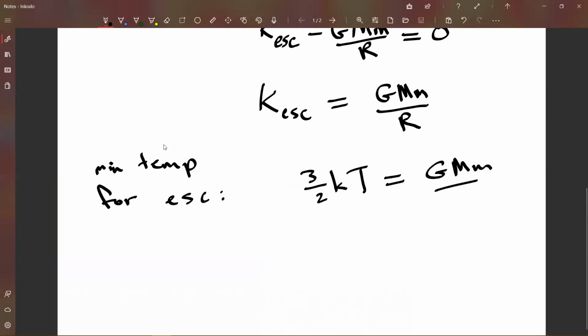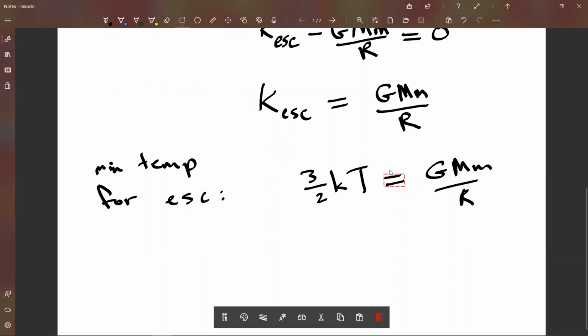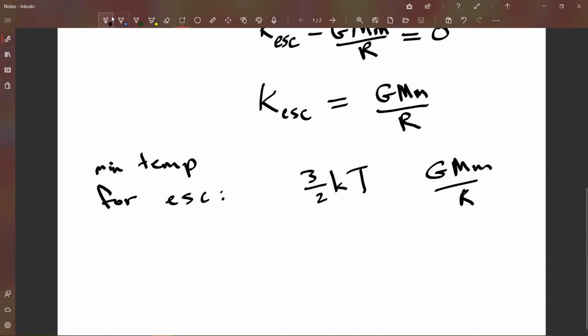And I could actually write this as an inequality if I wanted and express it as the temperature has to be greater than or equal to some number. So yeah, let me actually do that. I will delete this equal sign here and write it instead as an inequality. Oops, where's my pen?